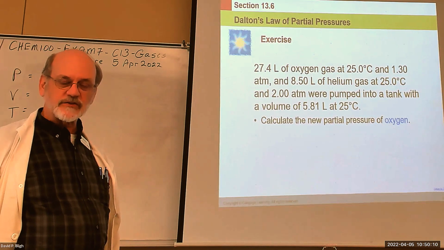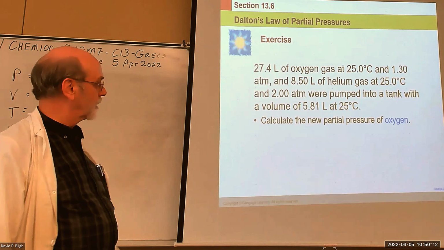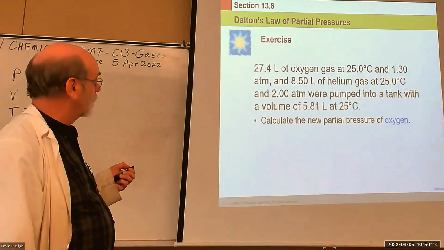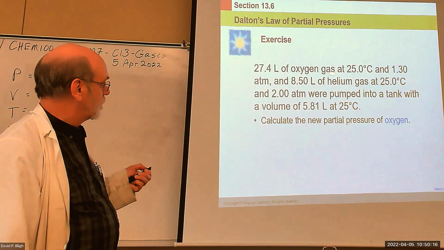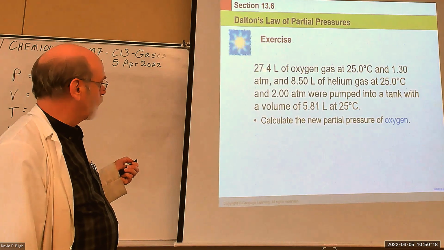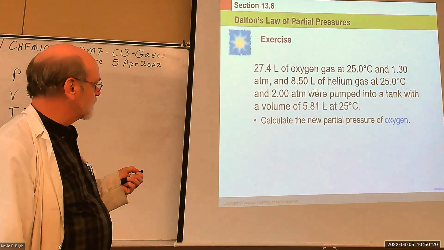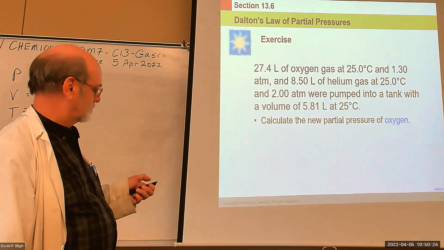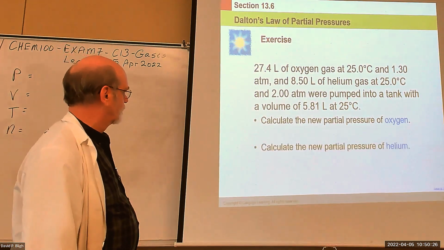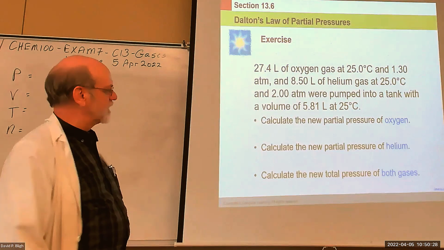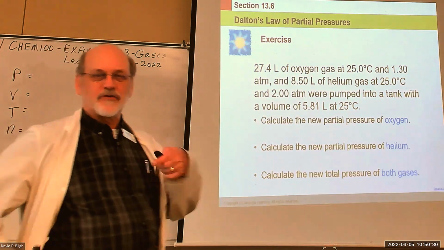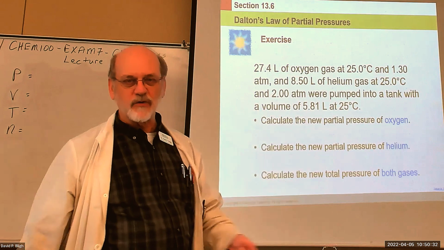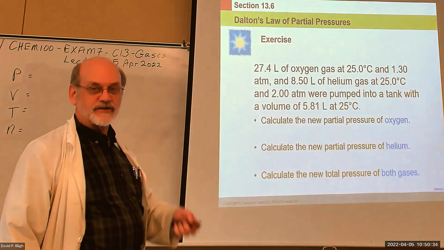You can treat the oxygen independently of the helium. So you're going before, right? This is before for oxygen. This is after oxygen. Oh, it's asking for helium also. All right, so we have to do both of them and then add them together to find the total.